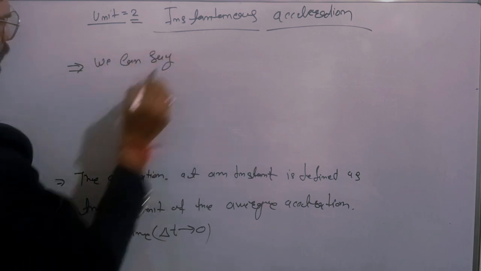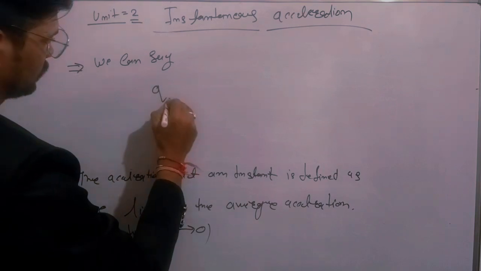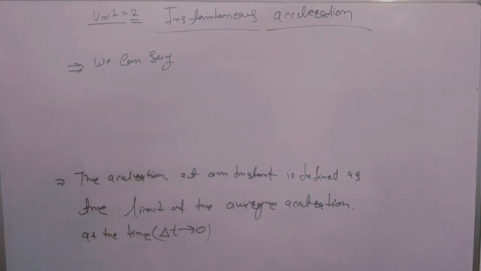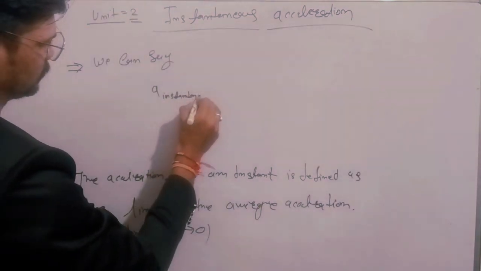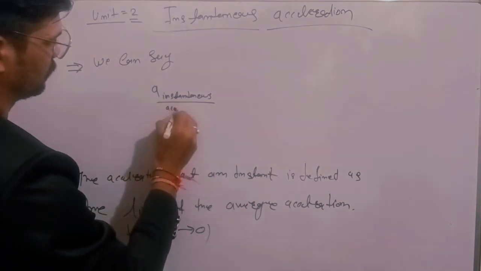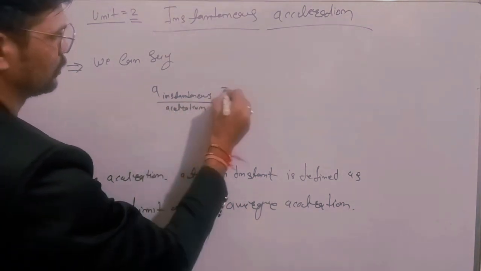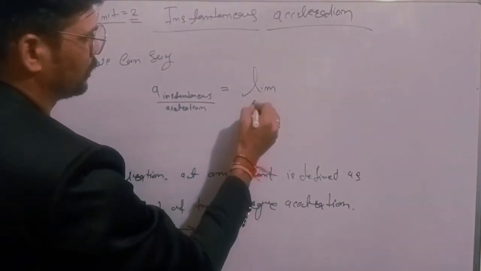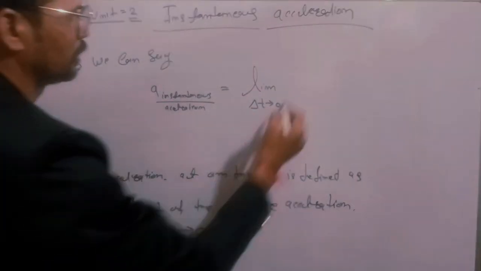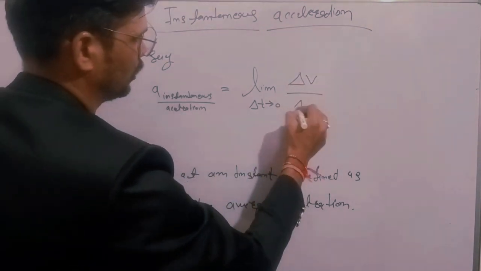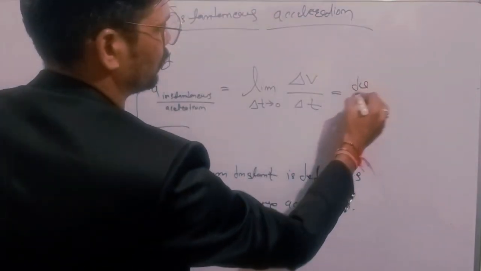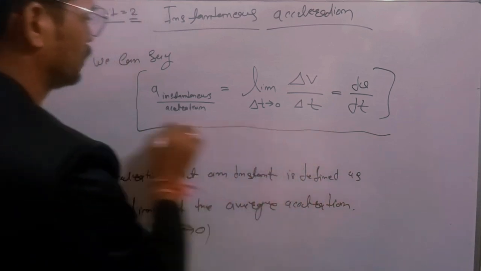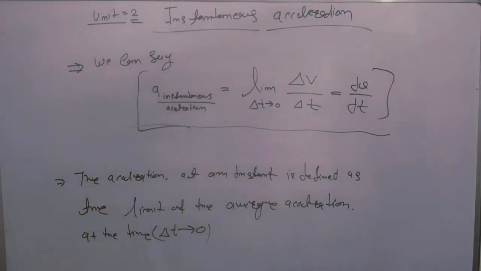So we can say instantaneous acceleration is equal to limit delta t tends to 0 of delta v upon delta t. This is known as instantaneous acceleration. del v upon del t is used in calculation.